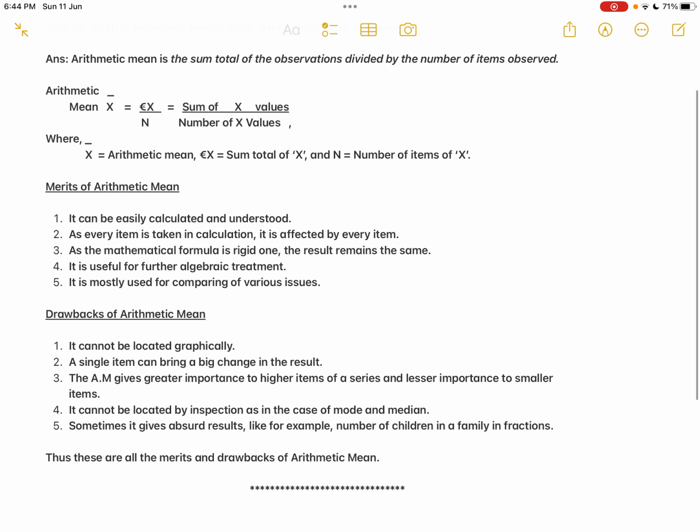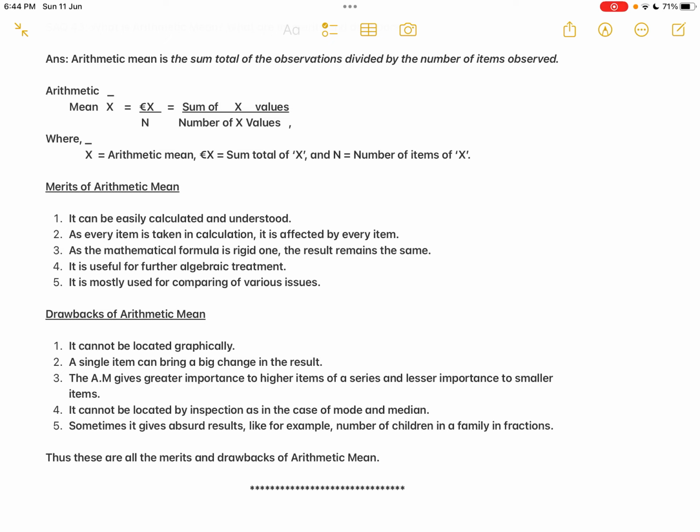Now, what are the merits of arithmetic mean? Before I proceed with that, there are certain characteristics an average should have to be called an ideal or a good average. It should not be confusing.